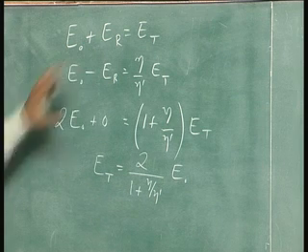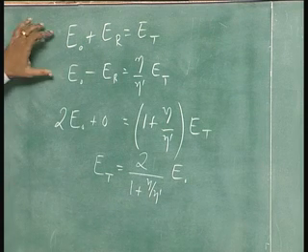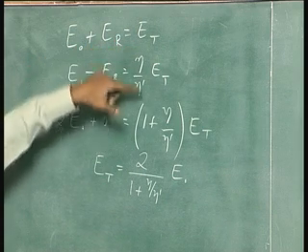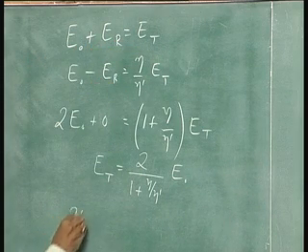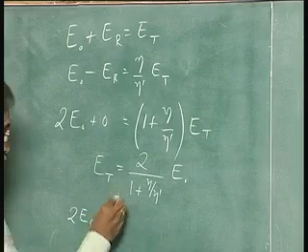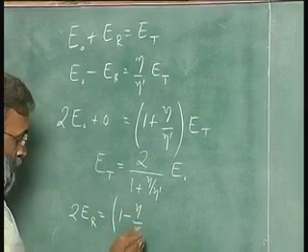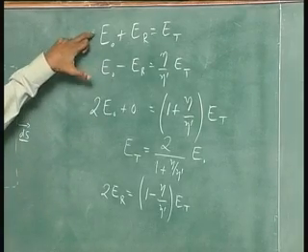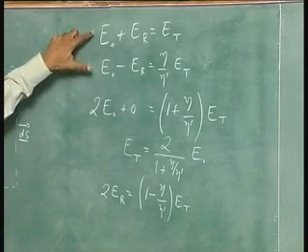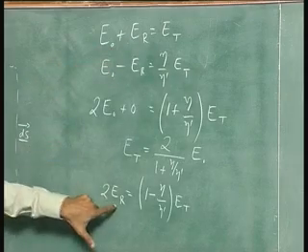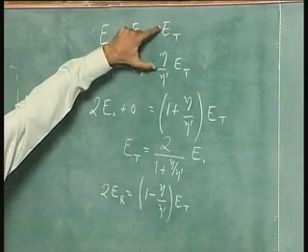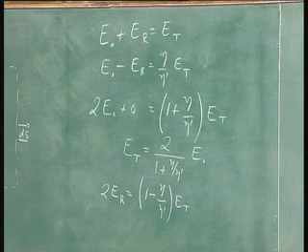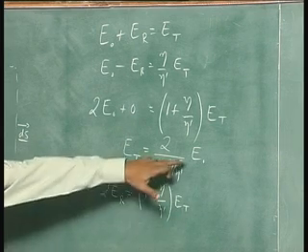Now, what about E r? Well, let me subtract these two equations, then E naught cancels out and I can get E r in terms of E t. So, I will get twice E r is equal to 1 minus eta over eta prime E t. That is, I have subtracted this equation from this equation. So, E naught cancelled, E r added, so it became twice E r, and subtracting this equation from this equation gave me 1 minus eta over eta prime E t. But E t is known.